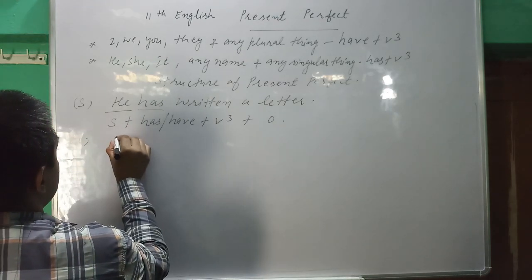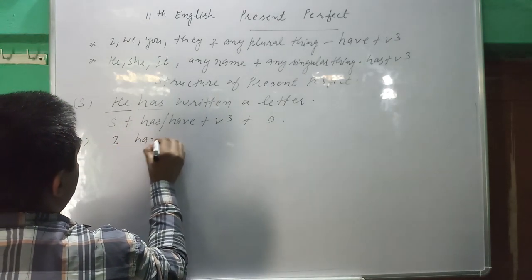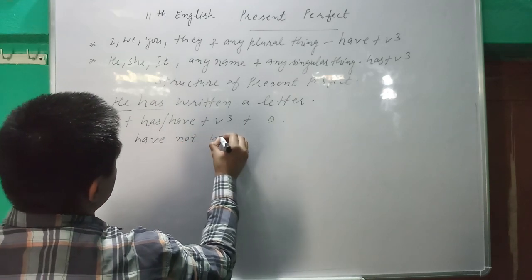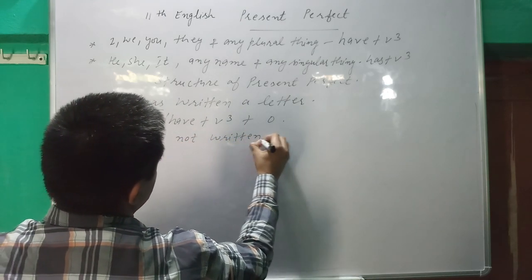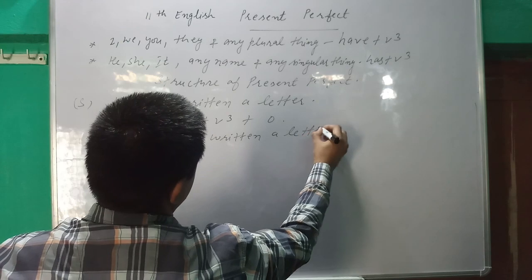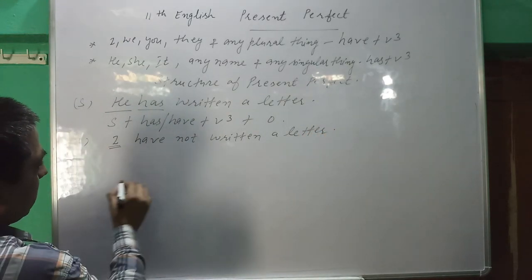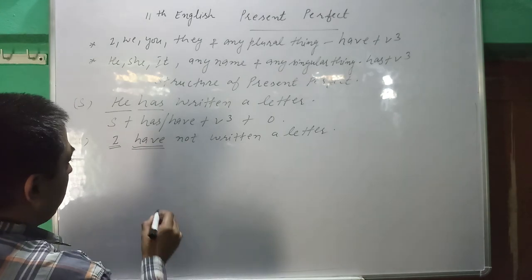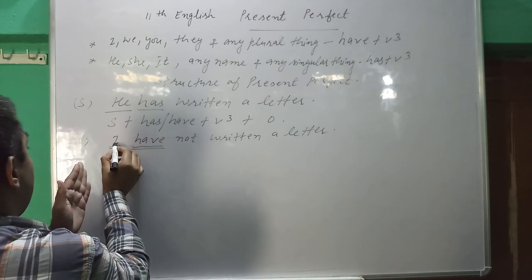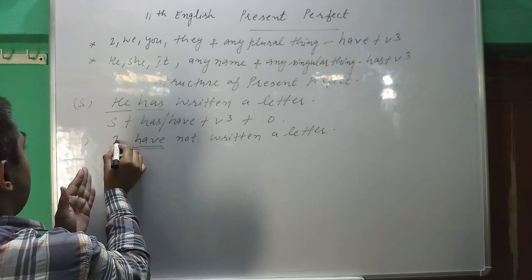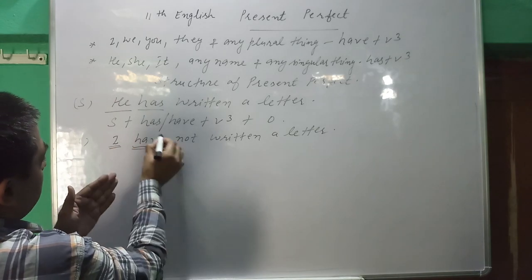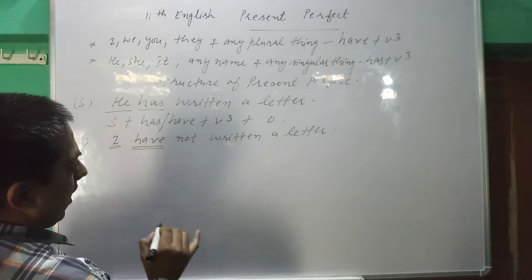Negative: I have not written a letter. Now you can easily understand that here the subject is I, that's why I have written have. If I write any name in place of I, then we should write has not.